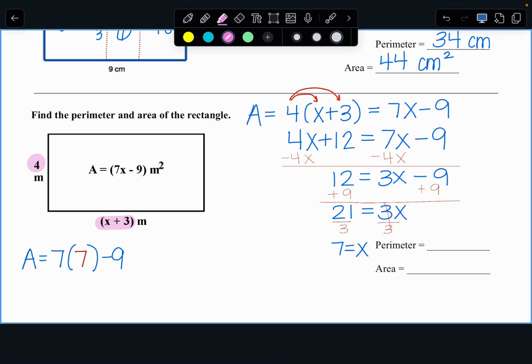All I did was substitute this value of x in here so we can find what the area is. So that's 49 minus 9. What is our area? Should be 40 meters squared.